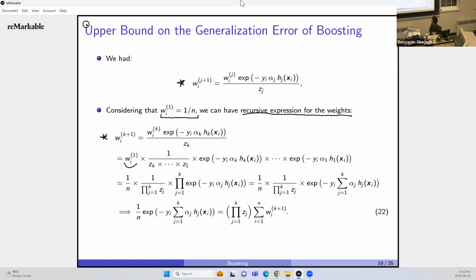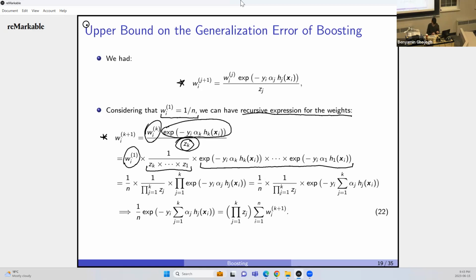So starting from wi1, I will have multiplication of the denominators, also the multiplication of numerators, right? Because here we have wi. If we continue the recursion until w1, the first iteration, w1 will be here. And for all of the w's, I have the multiplication of these terms.